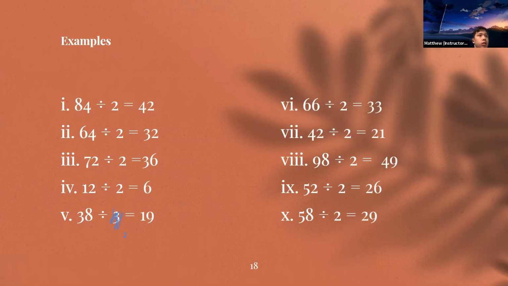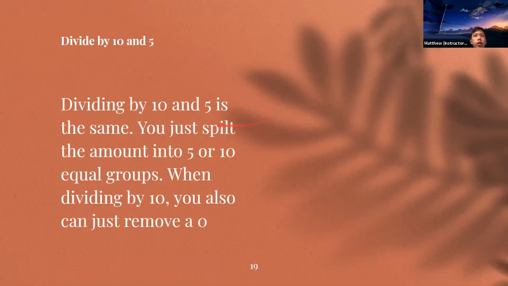All right, so let's end today by dividing by 10s and 5s. Dividing by 10 or 5 means you just split into 10 or 5 equal groups.